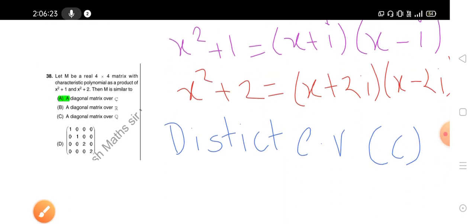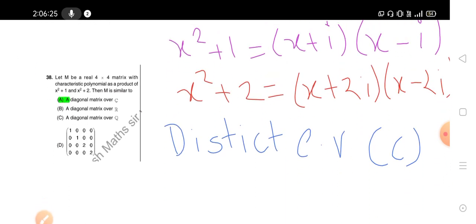Next question: let M be a real 4 cross 4 matrix with characteristic polynomial the product of x square plus 1 and x square plus 2, then M is similar to. Find the roots of x square plus 1, here plus or minus i, and of x square plus 2, plus or minus 2i.